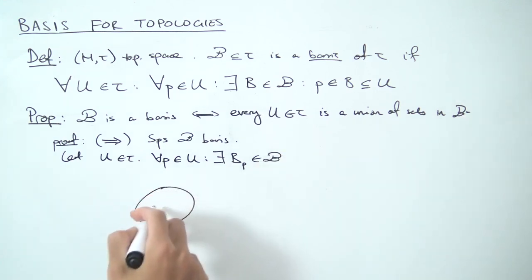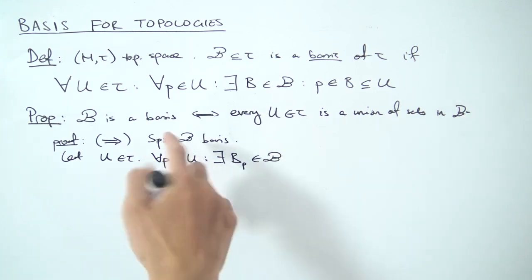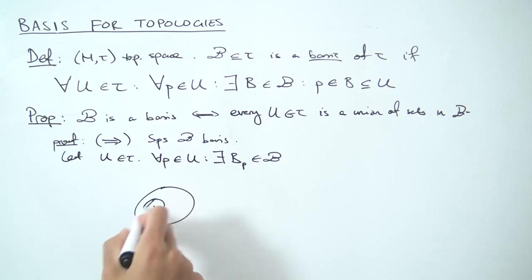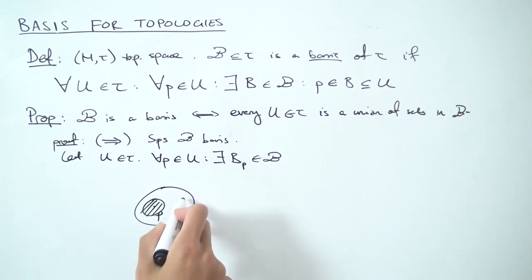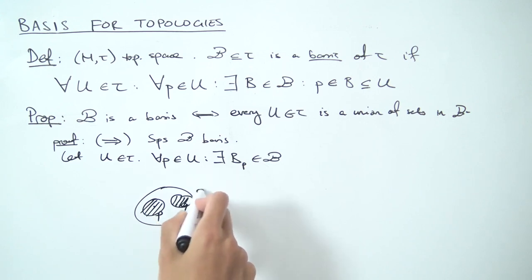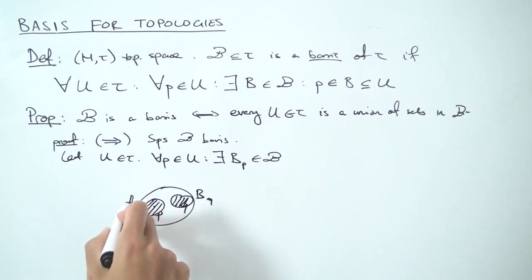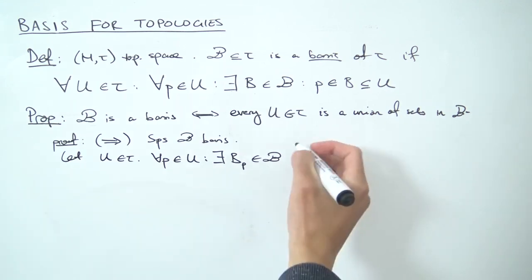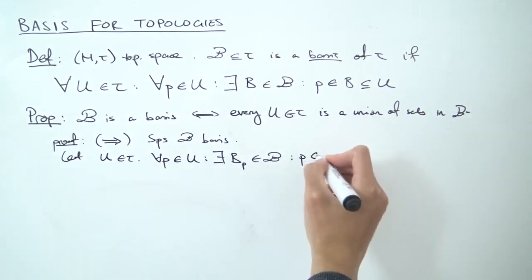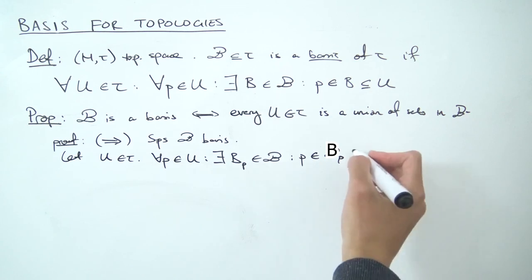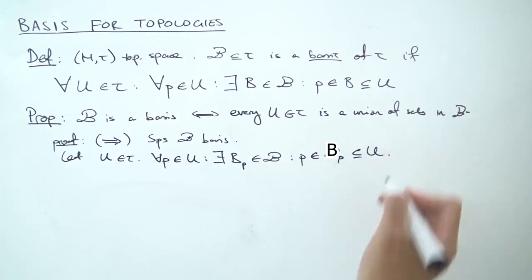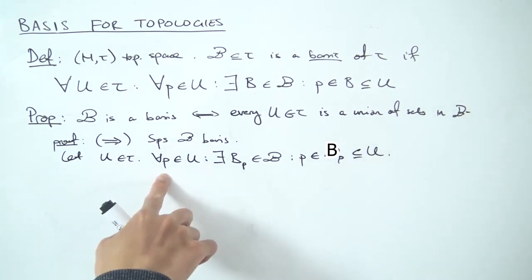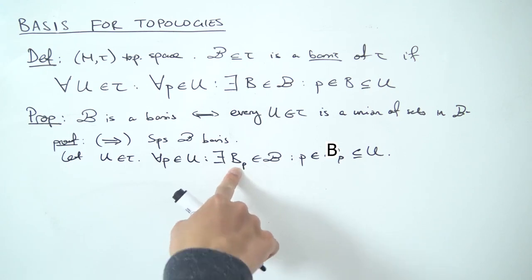For each point in my set, because B is a basis, I'm going to assign maybe this basis element for maybe another point Q. I'm going to assign this basis element, so maybe I call that one B_Q and this one B_P and so on. And we have this such that P is an element of B_P and this must be contained entirely within U. So for each P in my U, there's some B_P that works with this.